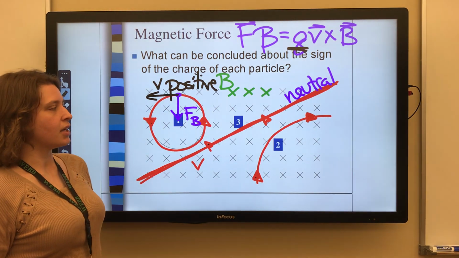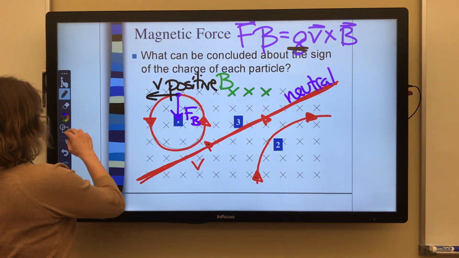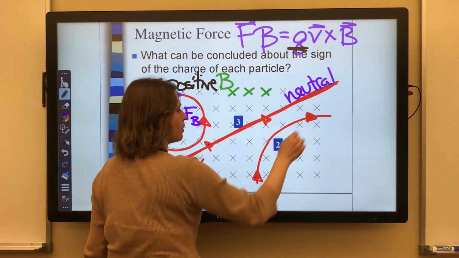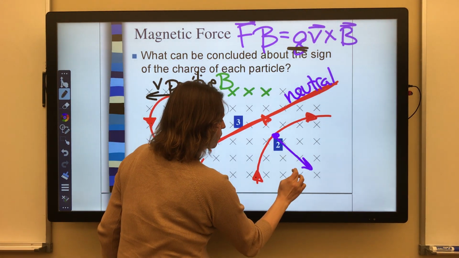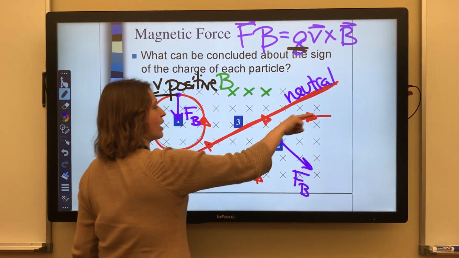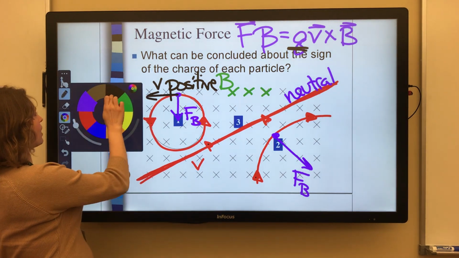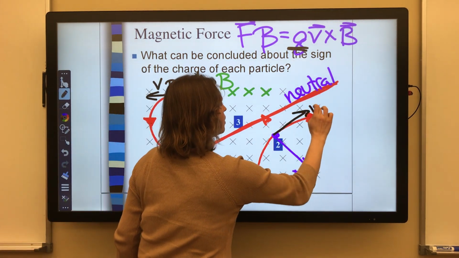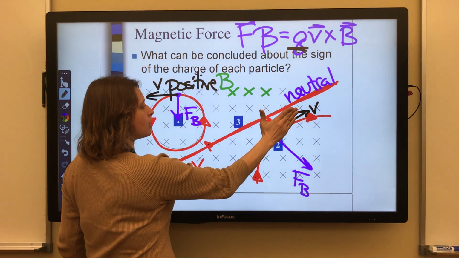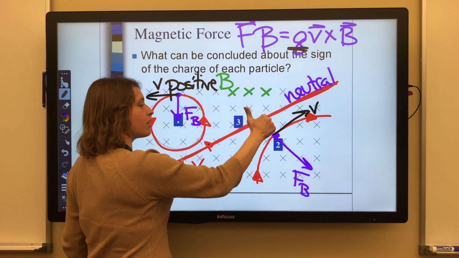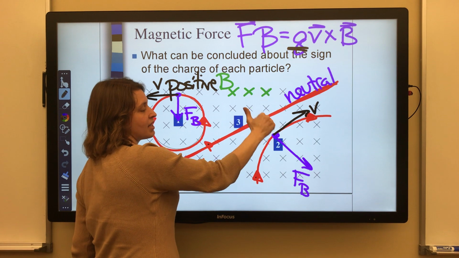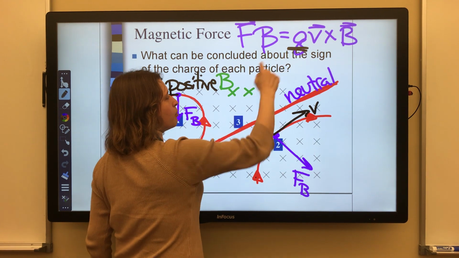But something weird happens over here with particle 2. With particle 2, notice that since it's curving this way, our magnetic force must point inward towards the center of that circular path. And if it's moving clockwise, then I know that v points that way. So I know that v is this way, and according to the picture, B is this way, and so our thumb should give the direction of the magnetic force on a positively charged particle.